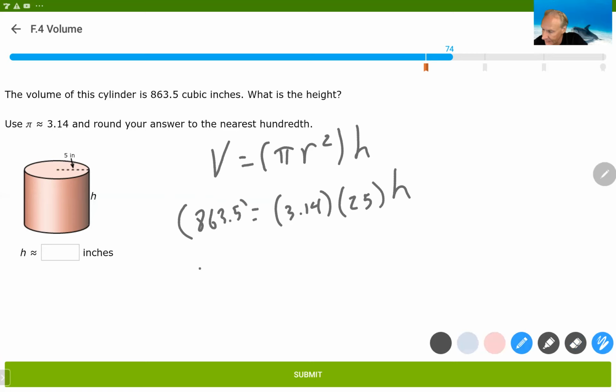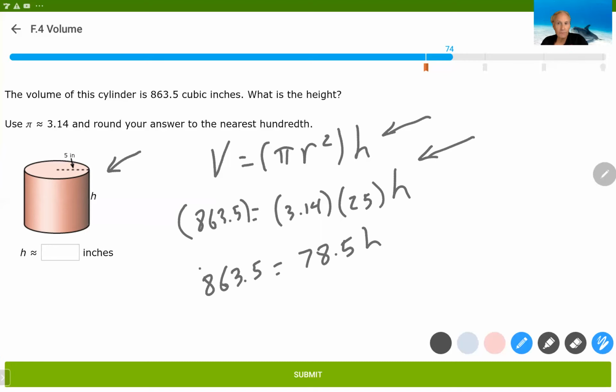863.5. So I'm going to go through my 5 problem-solving steps. They are labeled diagram. There it is. Then I have a formula. Then I substitute inside parentheses. I did that. Then I simplify. I take my 3.14 times 25, which is 78.5. 863.5.